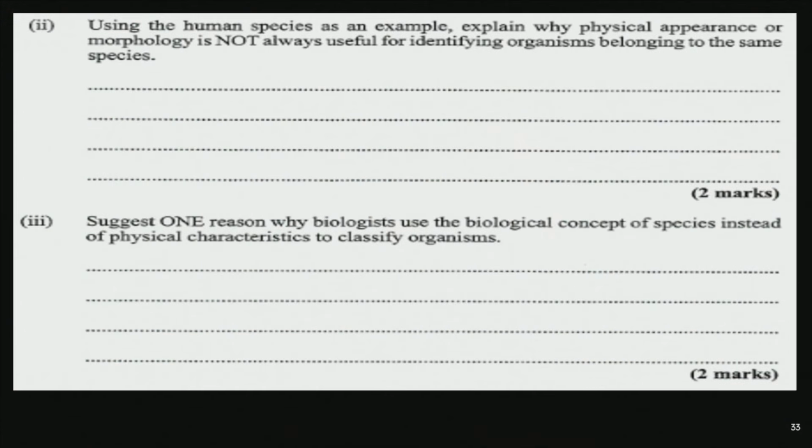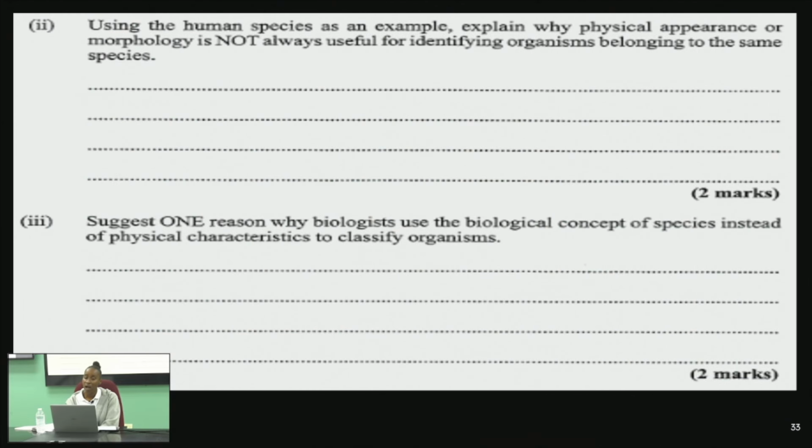All right. Now, the next question says, suggest one reason why biologists use the biological concept of species instead of physical characteristics to classify organisms, which is tied essentially to the question above, because physical characteristics can be misleading.